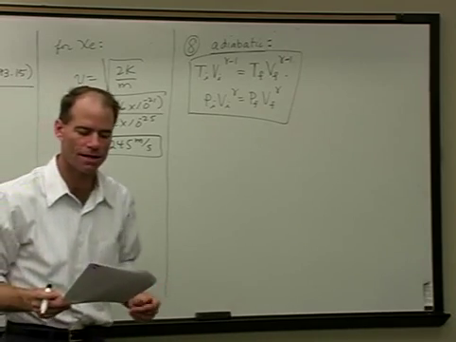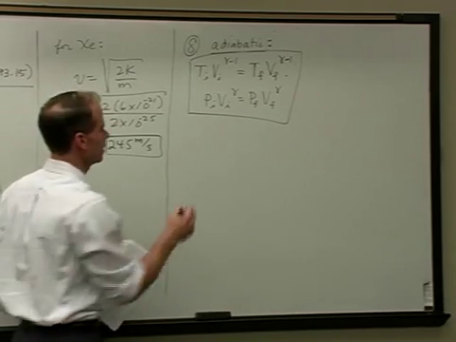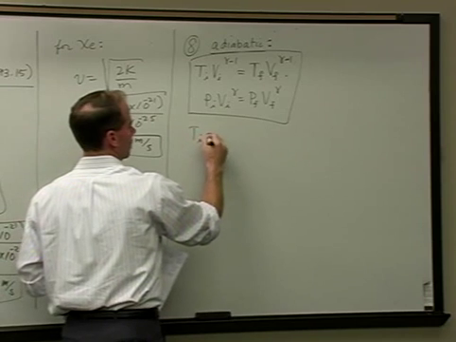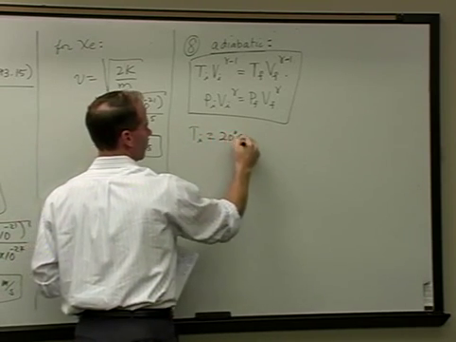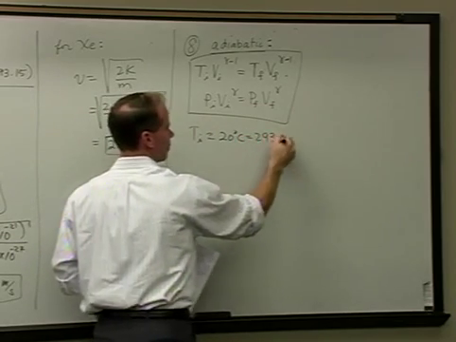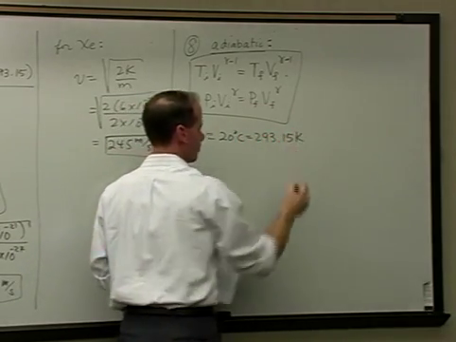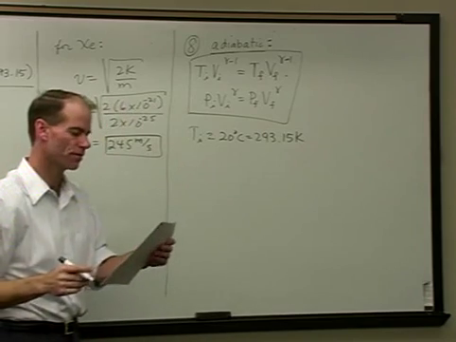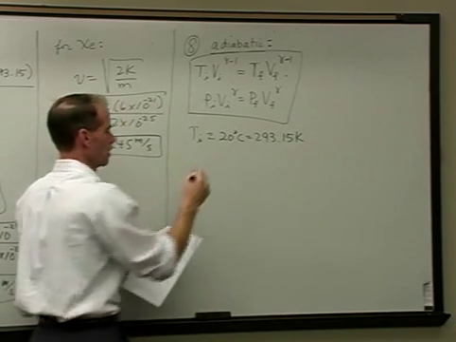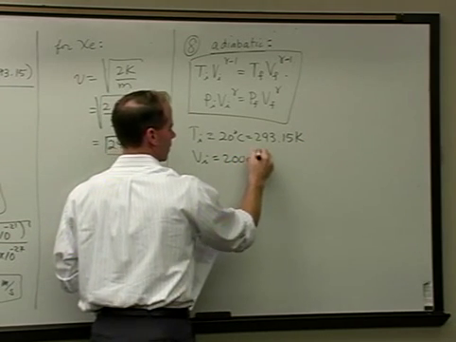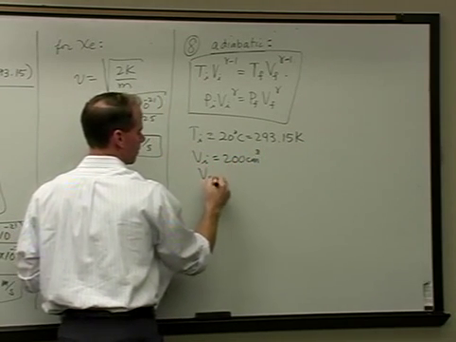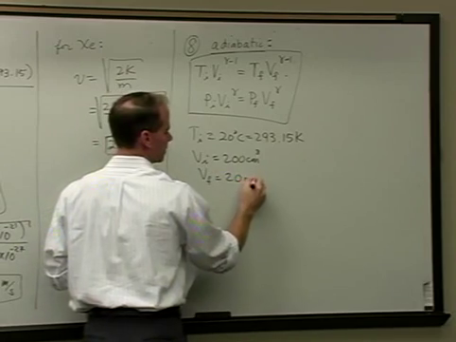We're going to start at 20 degrees centigrade. So our T initial is 20 degrees centigrade, or 293.15 Kelvin. We're told that our initial volume for the cylinder is 200 cubic centimeters, and our final volume is 20 cubic centimeters.